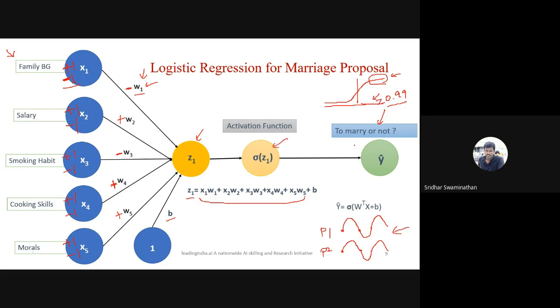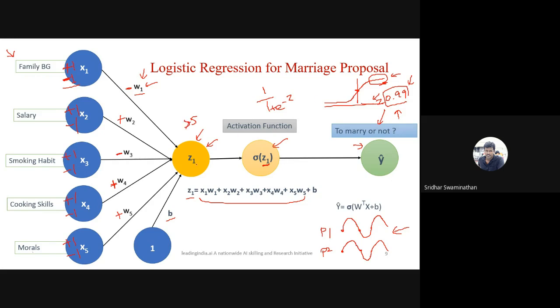Only then your output will actually become more than 0.99, because according to your sigmoid function, 1 by 1 plus e power minus z, the output will be 0.99 only if your z value is a big positive number. And this z should be more than 5. Only then this output will become 0.99.